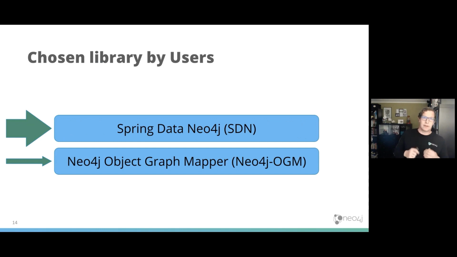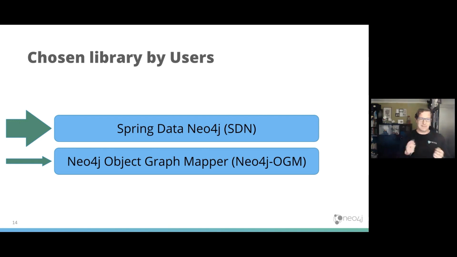We have learned from our users that most of them are using SDN. There are even some users who do not really know that they're using OGM under the hood.